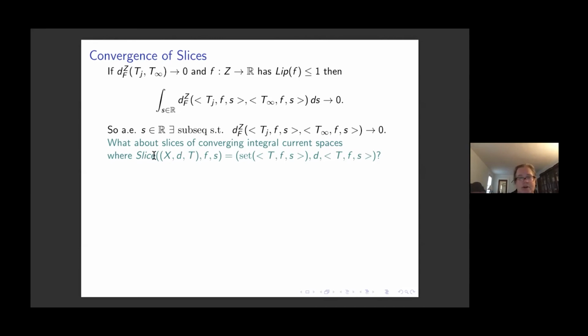It's a typo here. This is slice. Okay, no, it's not a typo. This is a definition. The slice of integral current space X with T, with function f and s, is equal to the set of the slice, the distance from X, and the slice is defining the current structure. This is defined for f being a function that's Lipschitz on X itself.